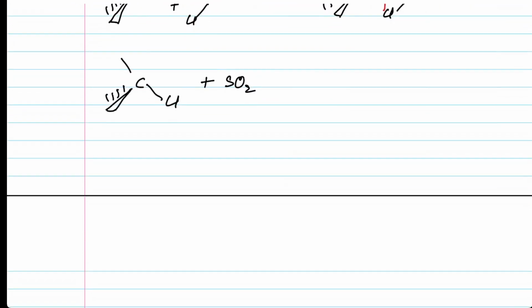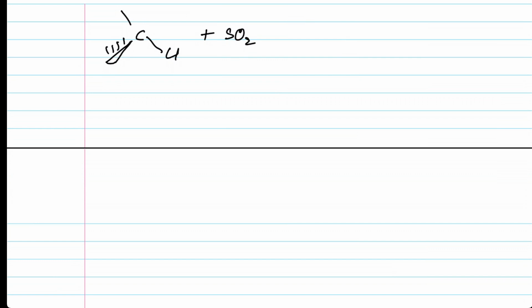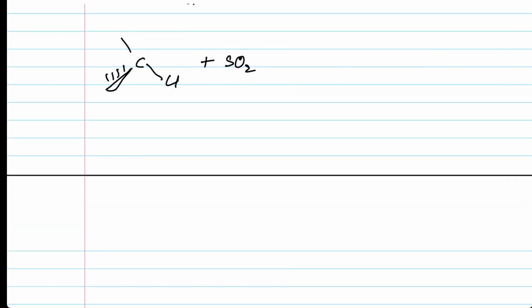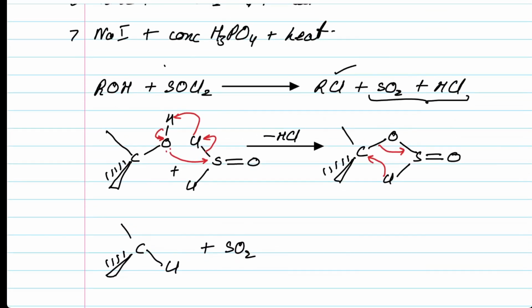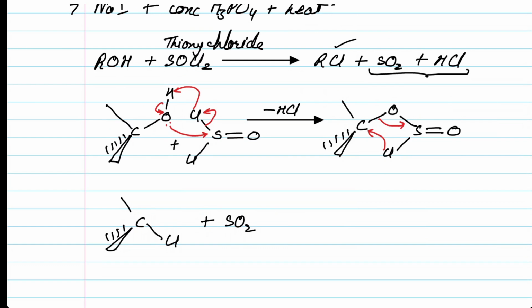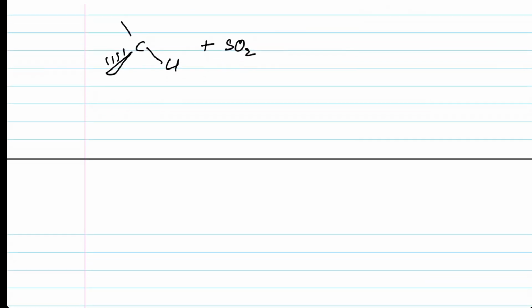There are certain other reagents which behave in a similar manner as the thionyl chloride. Now, SOCl2 is what we know as the thionyl chloride. Other reagents which are able to react in the same manner are PCl5, PCl3, PBr3, P plus Br2, or P plus I2.